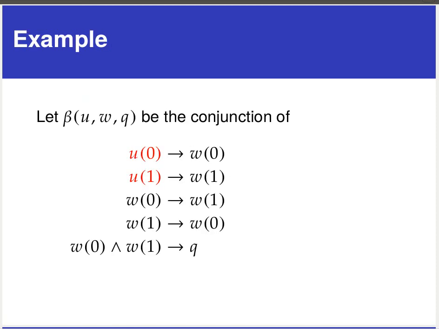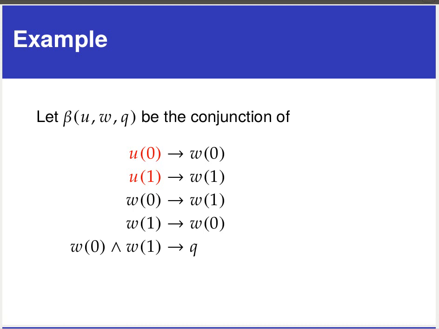Let's look at an example. If beta is a conjunction of these constraints, which are Horn clauses, they are implications, there's no negation, we can immediately tell that beta is anti-monotonic in u because the u parts occur only in negative positions.